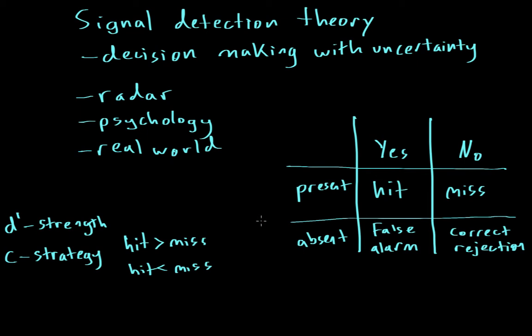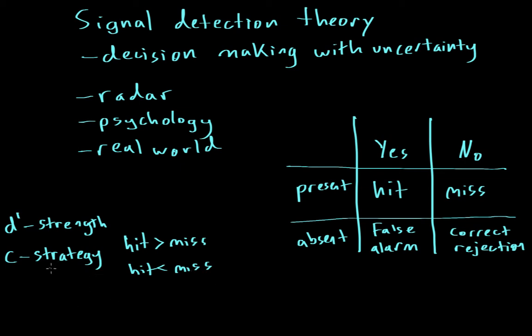One strategy could be, if you see any light, you say yes and start driving. Another strategy would be, if you see any green light, you say yes and start driving. A third strategy would be, if it's a green light and it's elevated up off the floor and presented immediately after a red light, then you start driving. So you have different strategies.